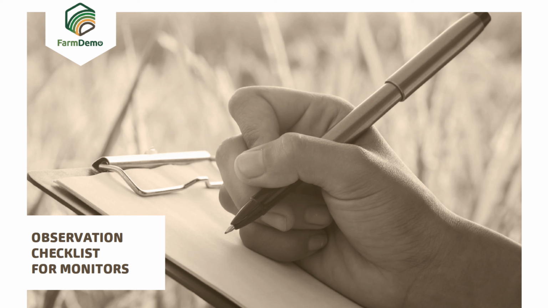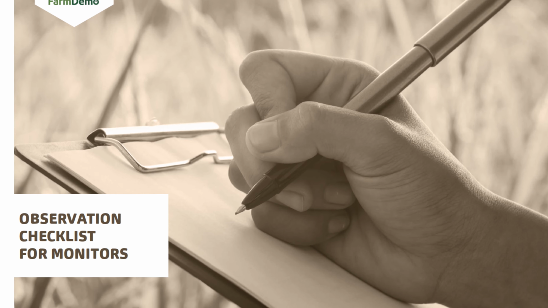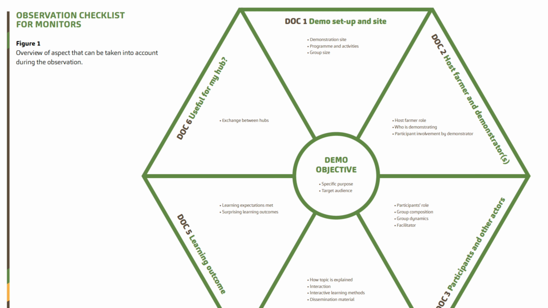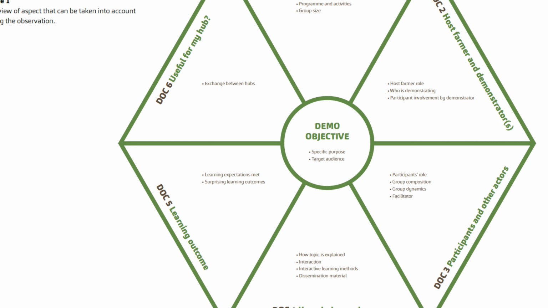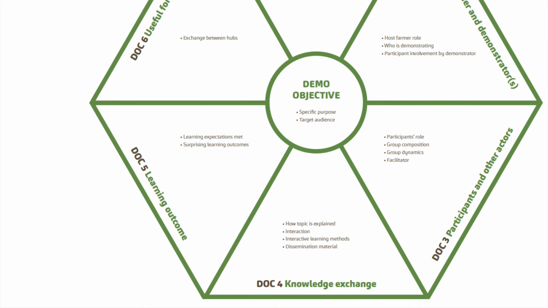And what kind of tools do you offer for evaluation? Well, demo organizers typically tend to evaluate a demonstration event somewhat intuitively, based on their own impressions or things they saw, or they think it went well. And the farm demonstration training kit offers some tools to do this in a more structured way by monitoring the activities, which can better provide insights into the successes and the failures of your event.